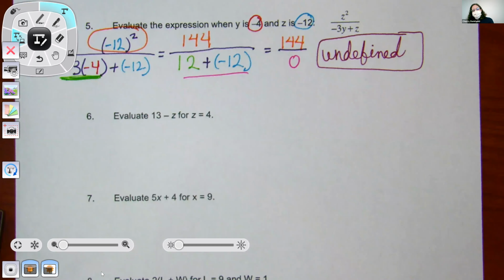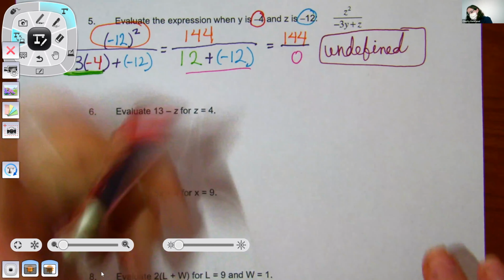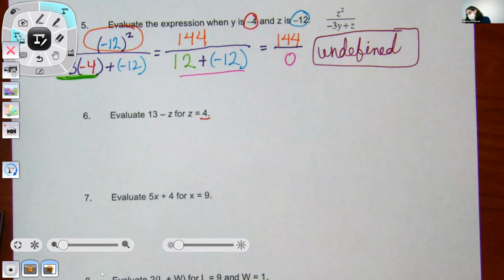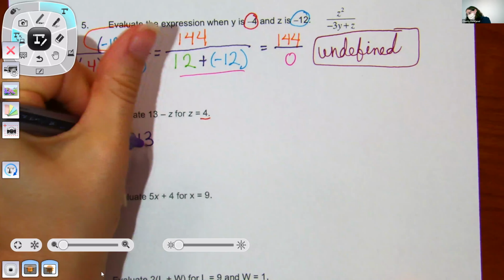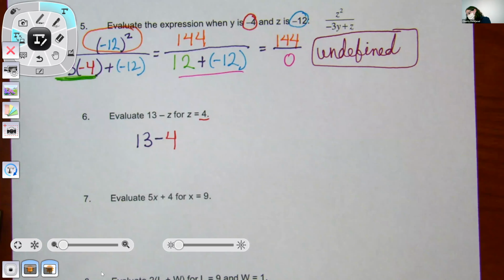All right, number 6, evaluate 13 minus z for z equal to 4. So that would just be 13 minus 4 equals 9.